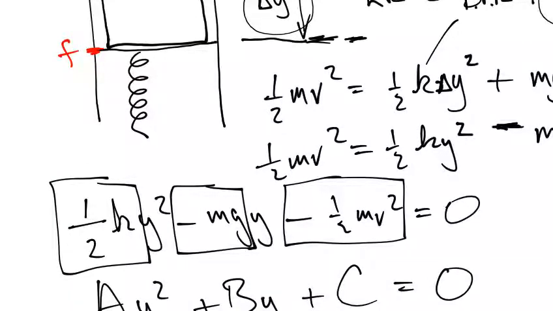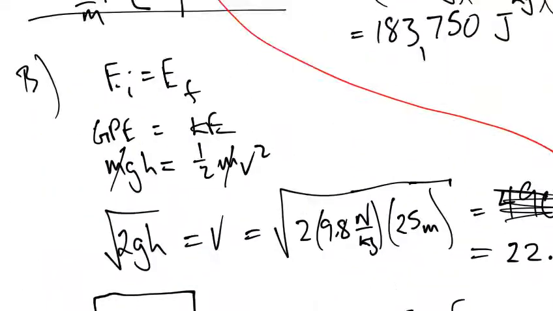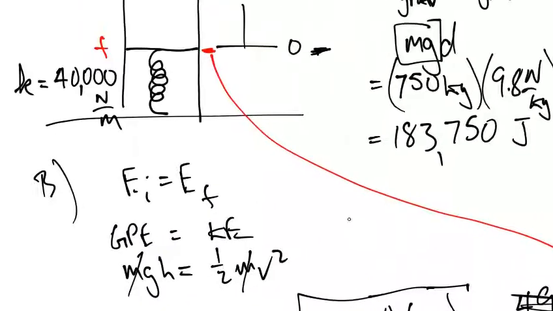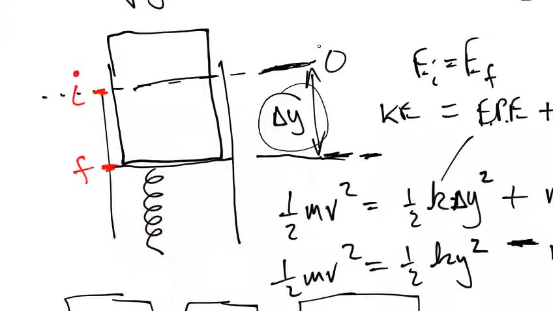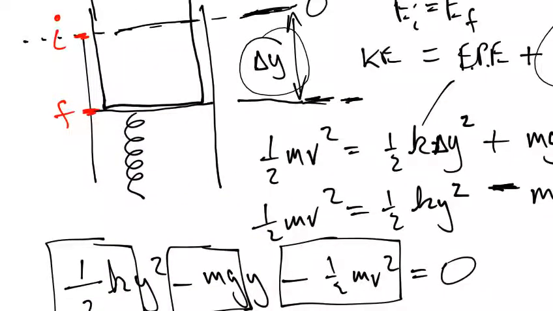A is equal to 1/2 k, which is equal to, I believe k was 40,000, wasn't it? I think so. Yes, it was 40,000. So that means we've got 20,000 here.